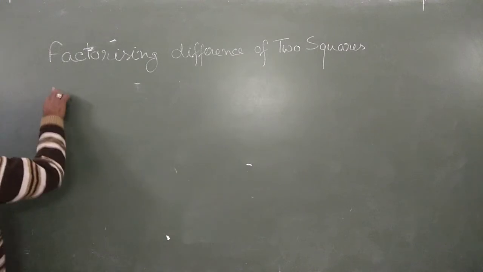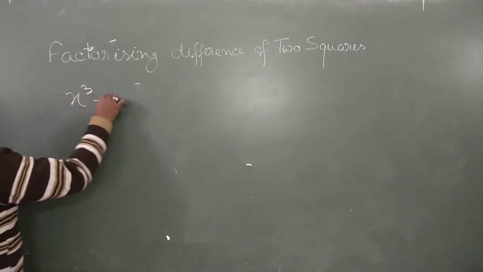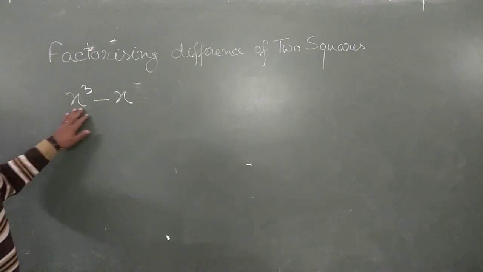This question says x to the power 3 minus x, given in many books maybe as a cube minus a.